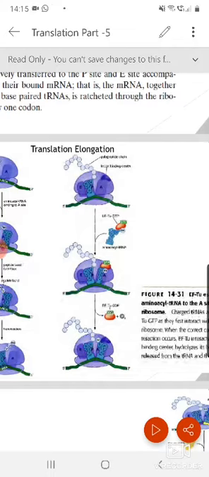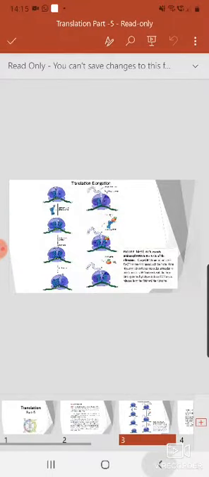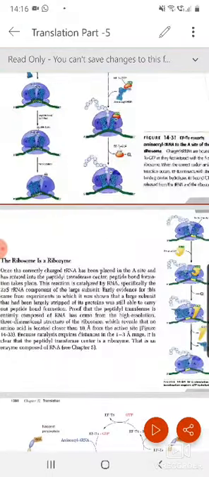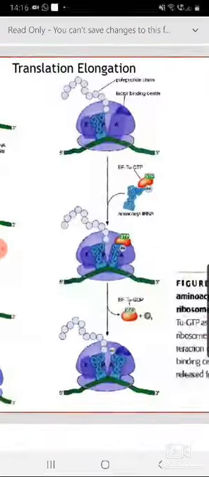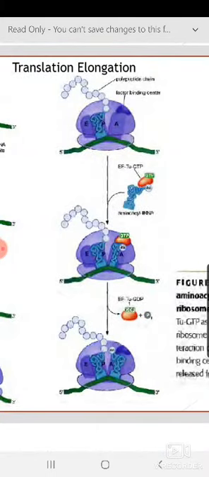Now the first step, that means the decoding. This is done by a translation elongation factor, EF-Tu, thermal unstable. That's the name of this protein. Now, this protein binds with GTP. It has an affinity towards GTP.